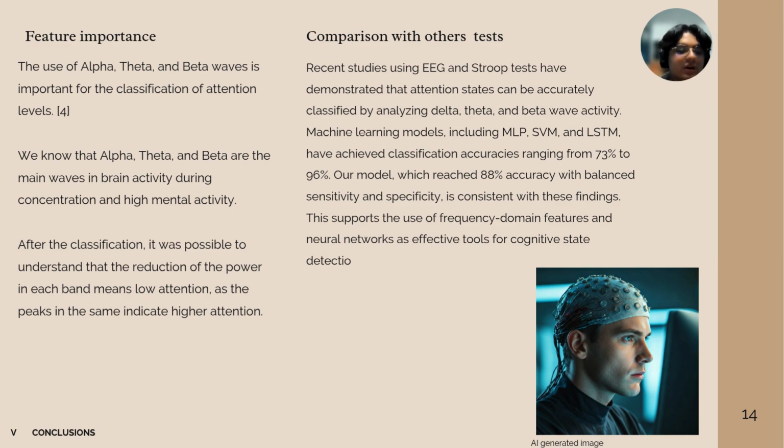Our model reached an accuracy of 88%, which balances sensitivity and specificity, placing it within a valid range. This confirms that the combination of frequency domain filters and neural networks is effective for cognitive state detection.